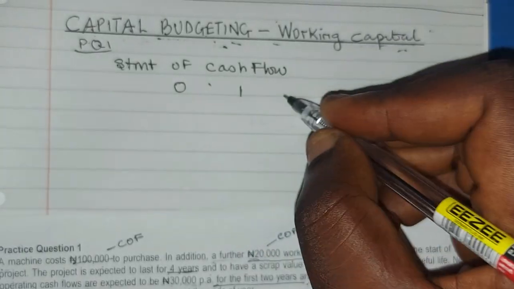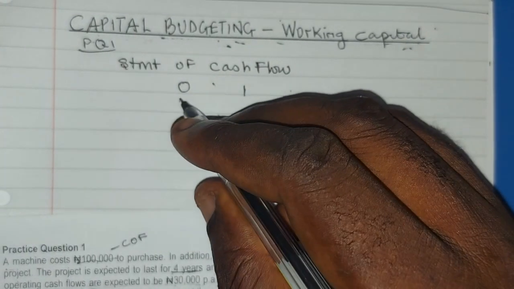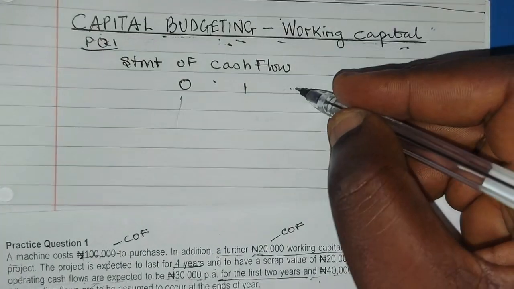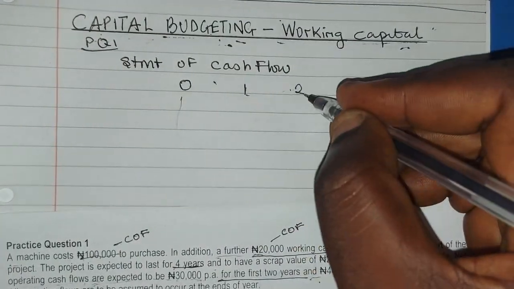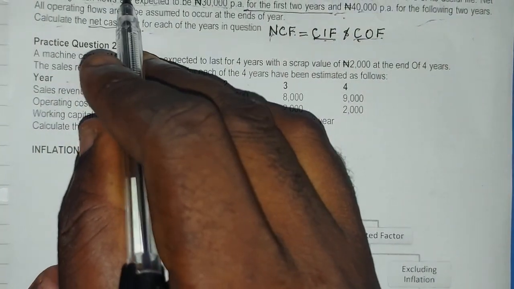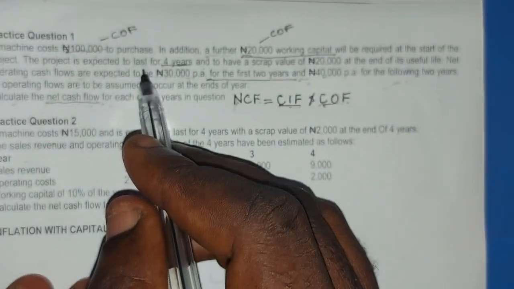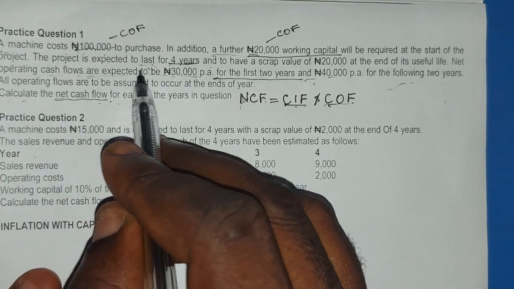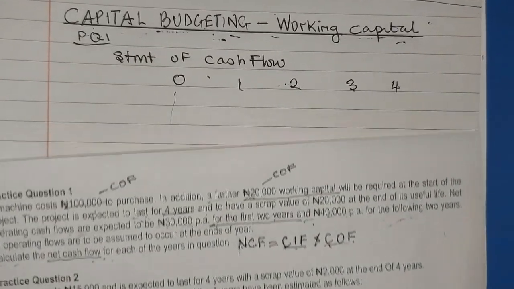Then we have year 1, after you have invested. That's the year of investment, when the investment begins. Year 1, year 2, year 3, and 4. Why 4? Because the project is expected to last for 4 years. Look, they said the project is expected to last for 4 years.